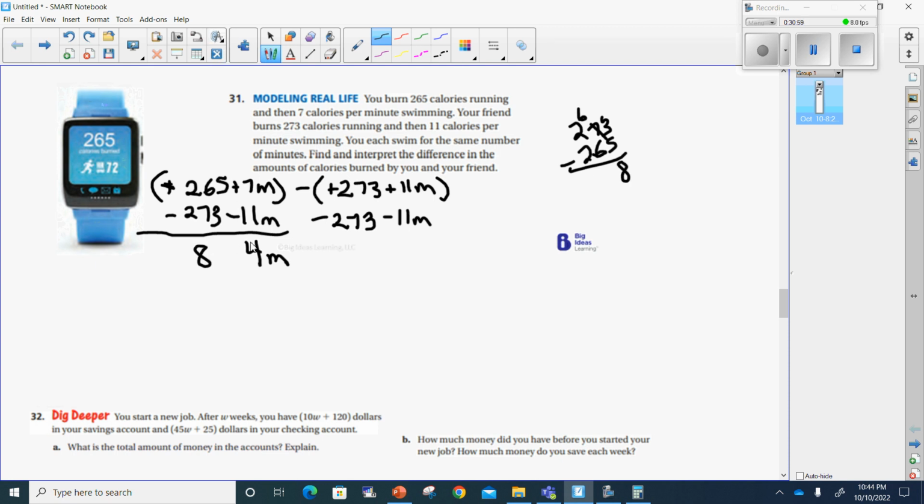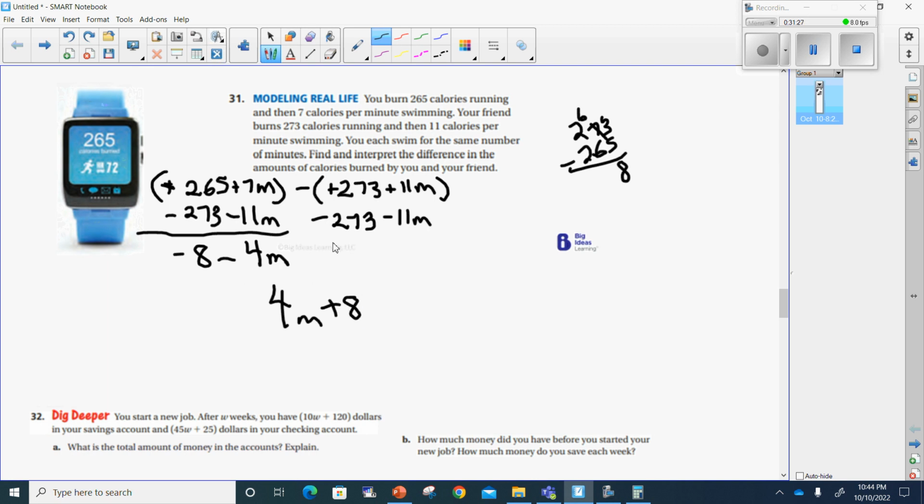And then the big number is negative, so we're talking next to your friend. Find and interpret the difference in the amount of calories burned. Your friend burns 4m plus 8.